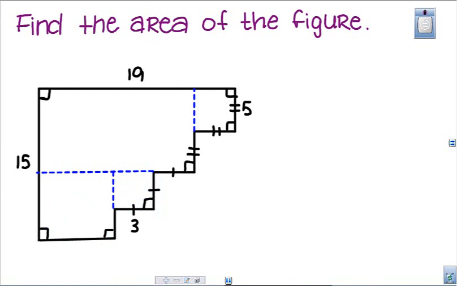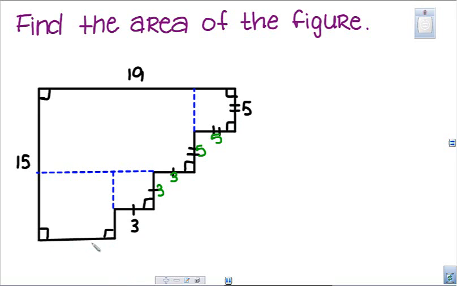And we're going to have to find some missing sides. These tick marks mean congruent. So based on the one tick mark having 3, I can label this side as 3 and this side as 3. And based on the 2 tick marks having 5, this would be 5 and 5. Okay, I have 2 parts not labeled that I will need, so I can figure that out based on what is given.